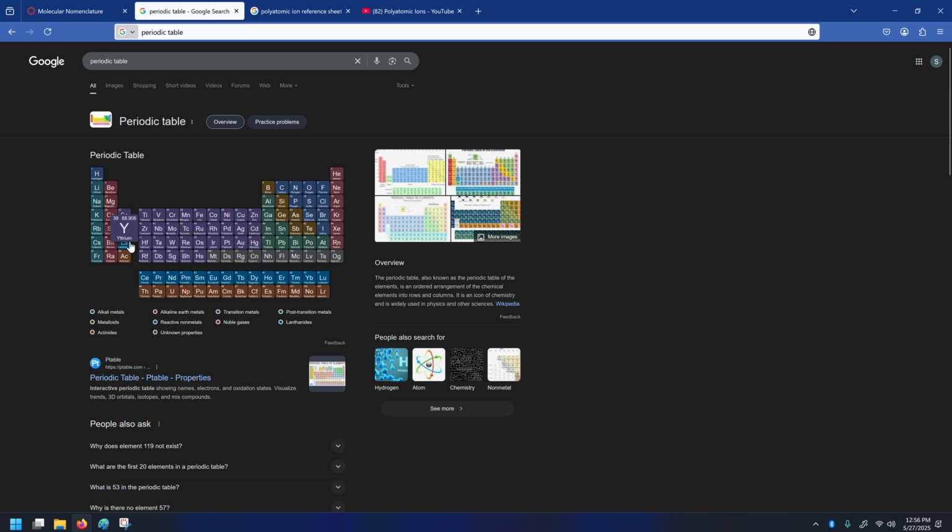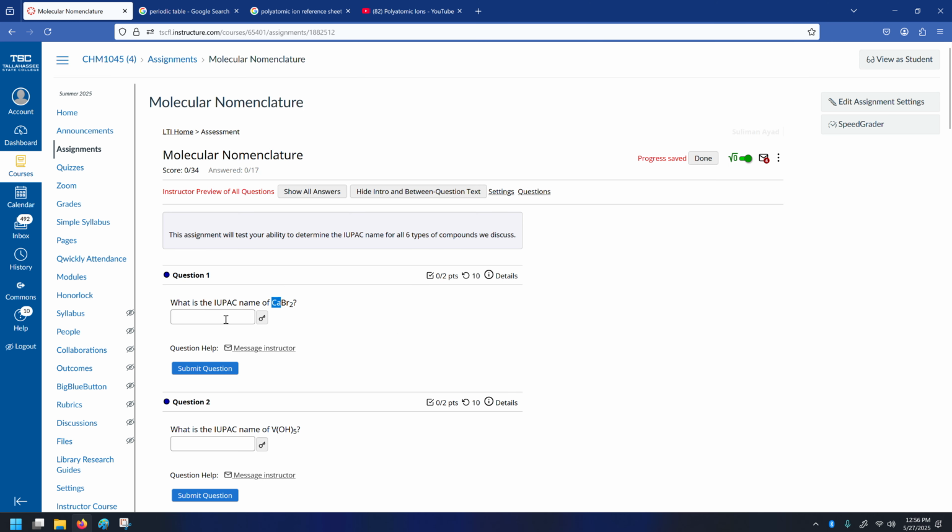If, however, it's in this smaller section in the middle or the little cutout down below, that means that you do need to use a Roman numeral because those groups have variable charges. So keep an eye on that when you're naming your ionic species.